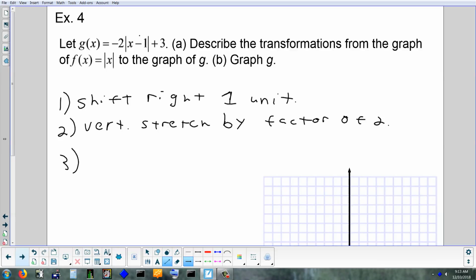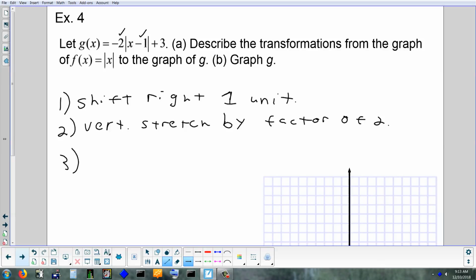Now we've done the minus 1, we've done the 2. What about the negative next to the 2? What's that going to do? Guys, you should all be flipped over looking at the front side of your notes.